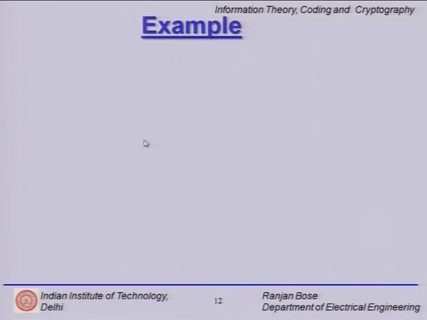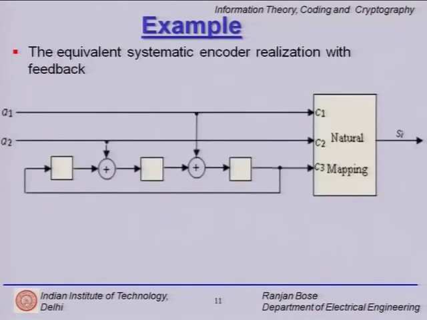So, let us look at this example again. It is best understood by this example. Suppose we are looking at a rate 2/3 convolutional encoder followed by a natural mapping. If you remember, natural mapping means 000 is mapped to symbol S0, 001 is mapped to symbol S1, and so on and so forth.